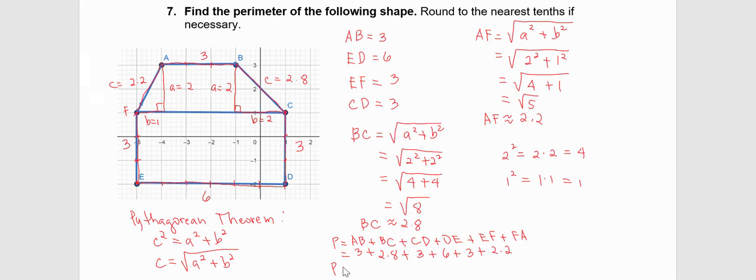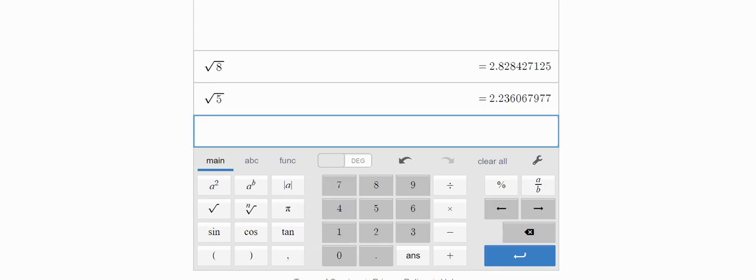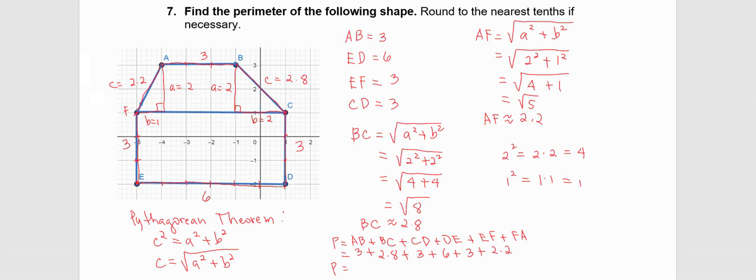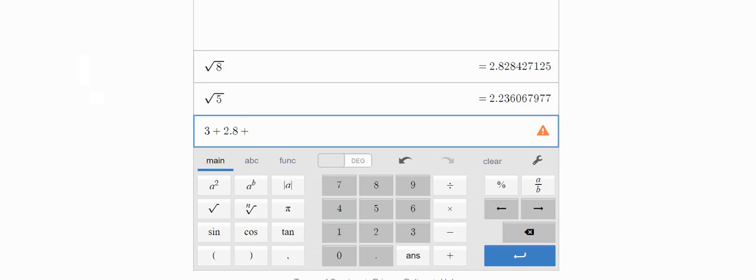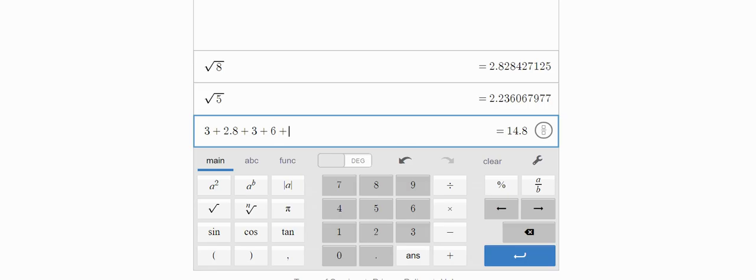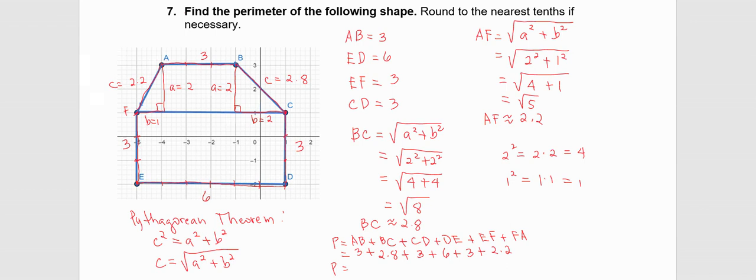So the perimeter now gives 3 plus 2.8 plus 3 plus 6 plus 3 plus 2.2, which is equal to 20, approximately.